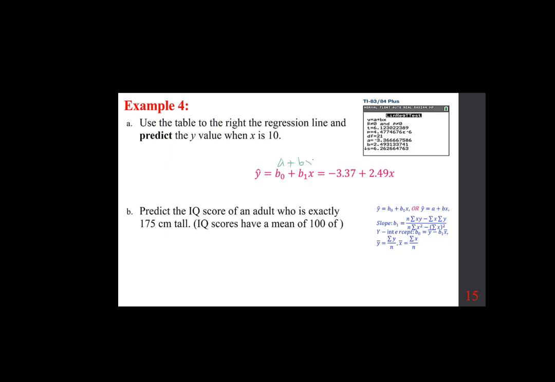Remember, a plus bx, that's what the technology uses. So this is the regression line. This is a good model. We can use the regression equation for prediction. Why is this a good model? When we look at the p-value, the p-value is 4.477 times 10 to the power of minus 6.